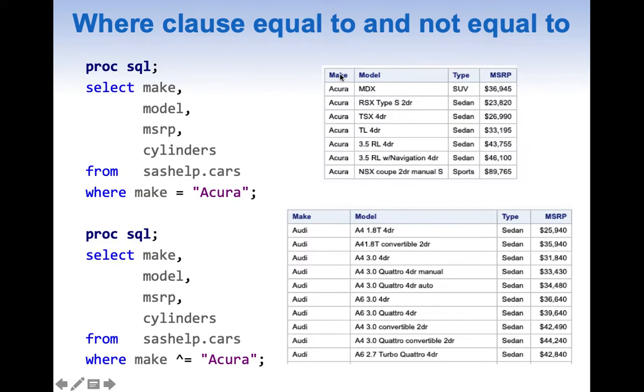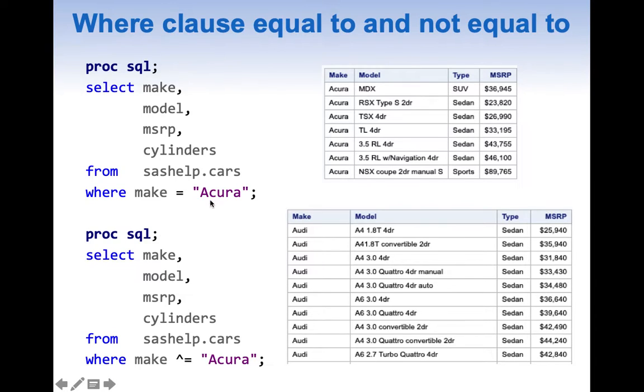If you see the make here, Acura, it starts with a capital A. So this is proper case, and we have given exactly the same value. If we don't give the exact same value, then we have different results.